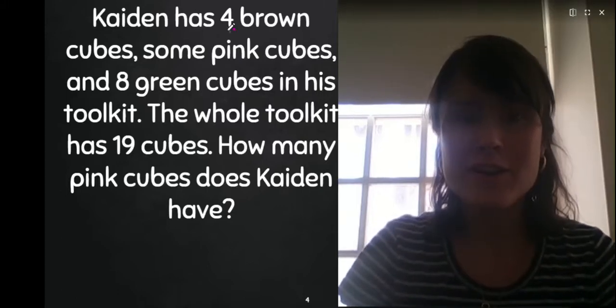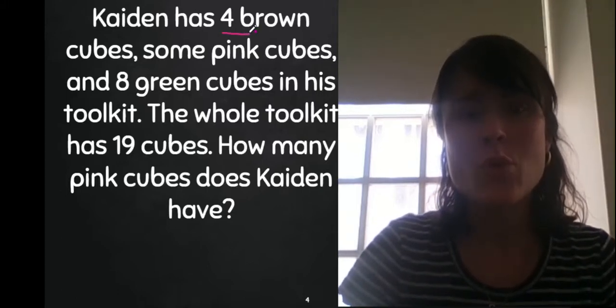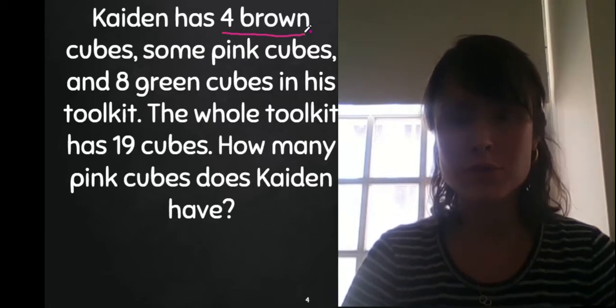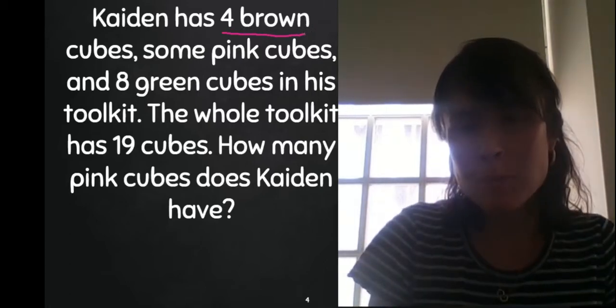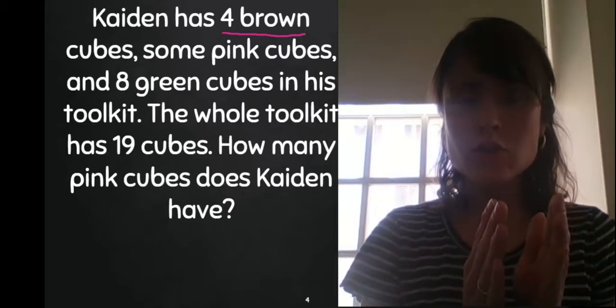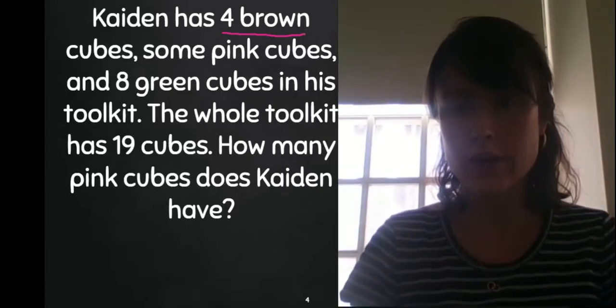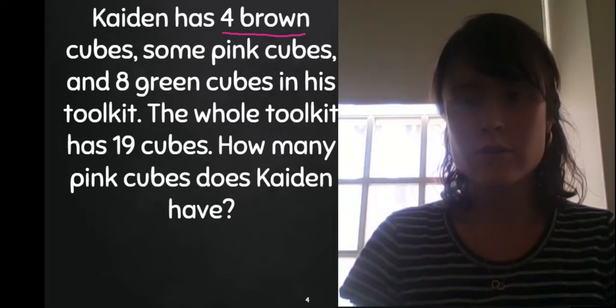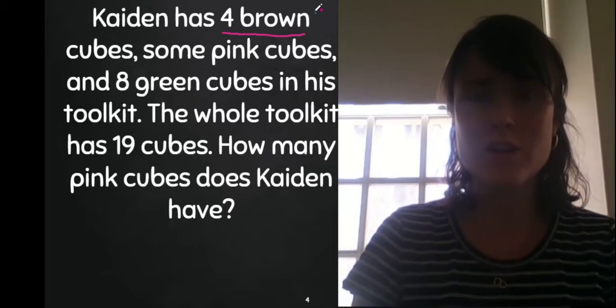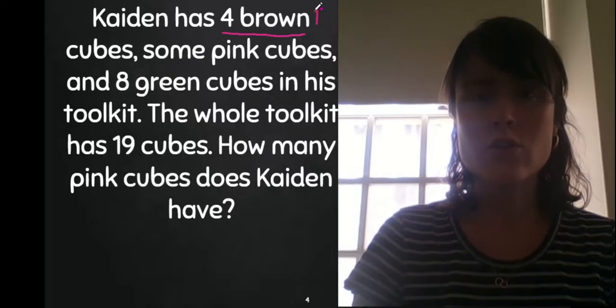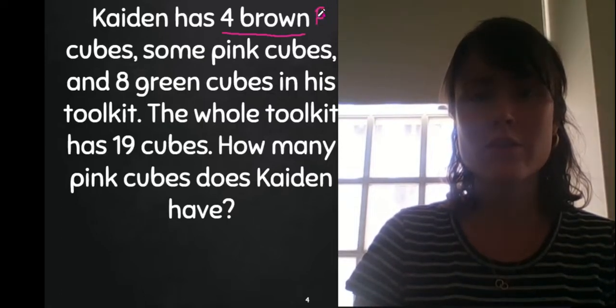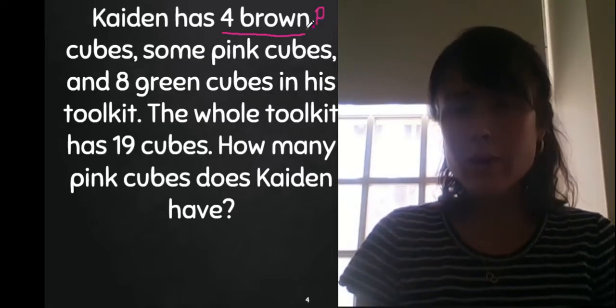Good, we already know that Caden has 4 brown cubes. Now, does that represent a part of Caden's cubes, or does that represent the total number of cubes he has altogether? Good job, can't trick you. That's a part. So you can label P for part. Okay, what else do we already know?